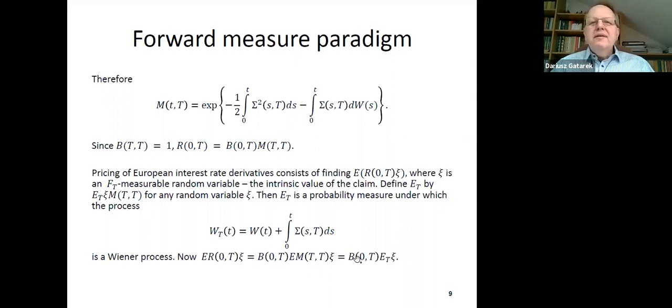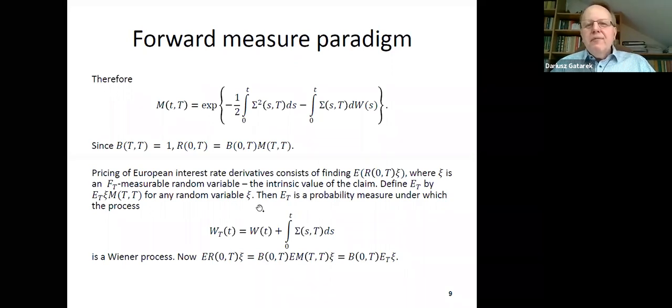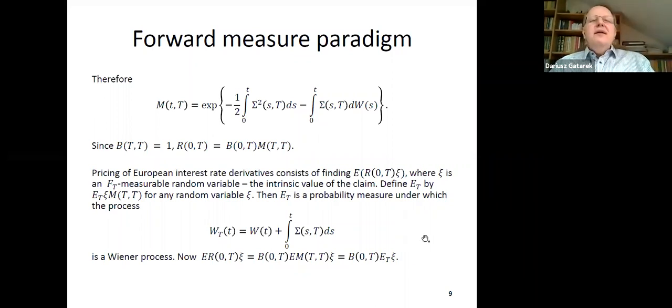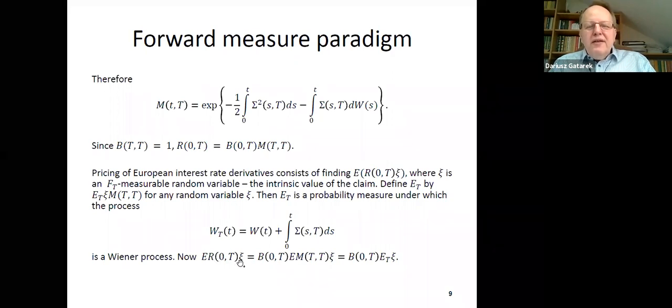Speaking in very rough terms, I should expose that formula a bit more. Xi is a contingent claim. Pricing of contingent claims is finding expected values of discounted, so multiplied by discount factors, intrinsic values of these contingent claims.